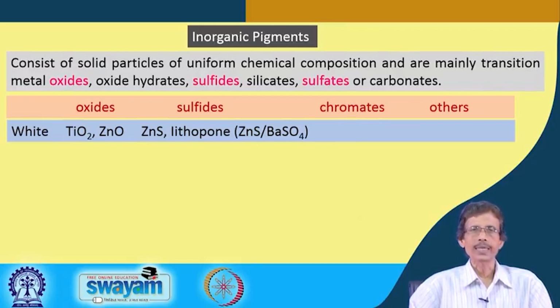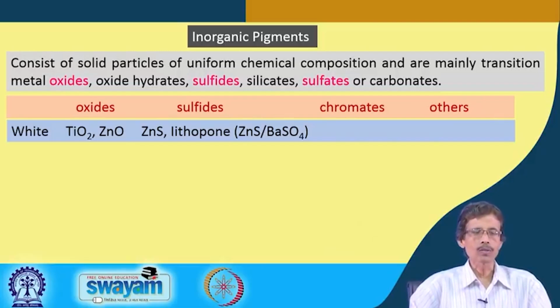that means the cost of making these or the cost of isolation from the ore material is also less. So, we can use titanium dioxide, TiO2, from its ore sources. We will see what those ore sources are which can be used for making the white inorganic pigment. If I ask you what the white inorganic pigment of oxide type is, you can have two answers: one is titanium dioxide and another is zinc oxide. Then if we go for the sulfides, which are again white in color, zinc sulfide.